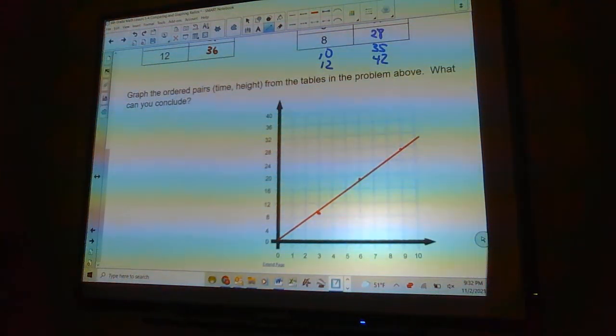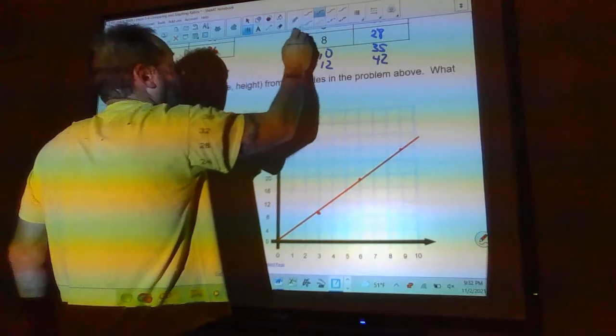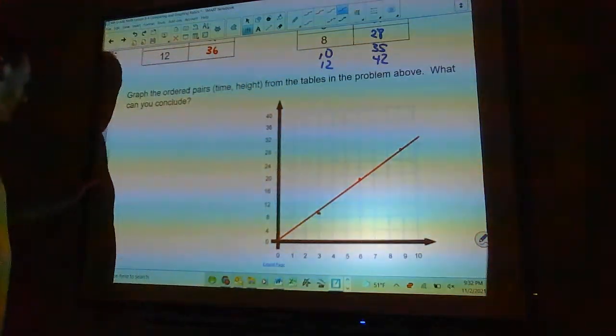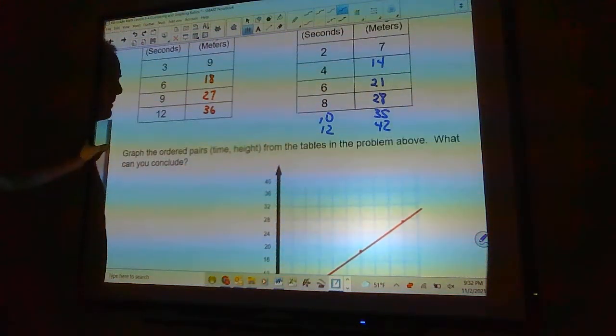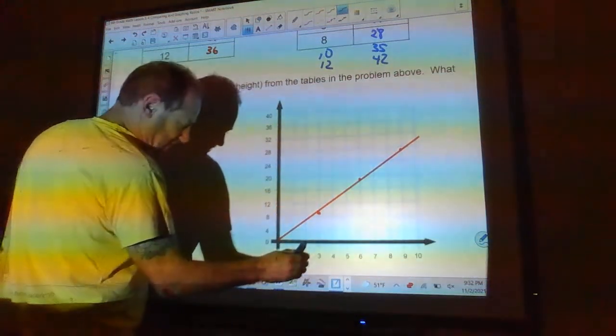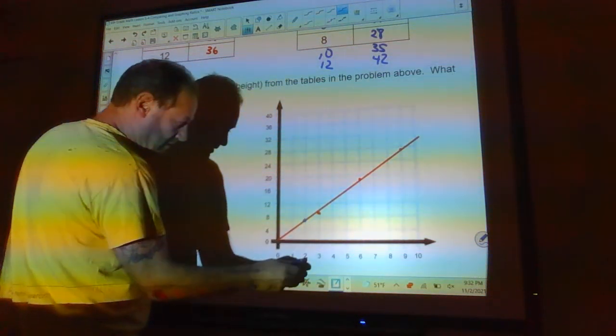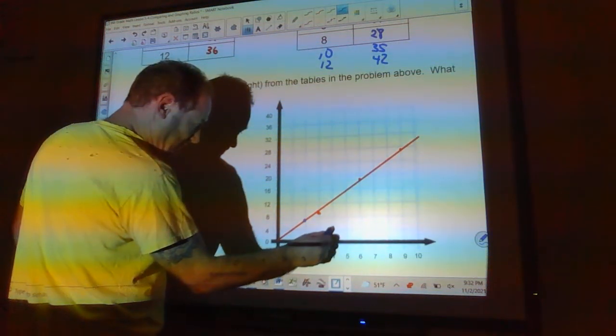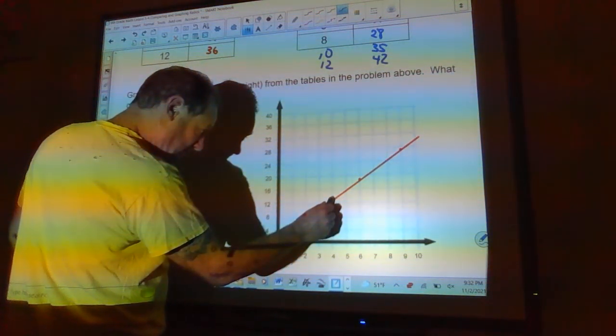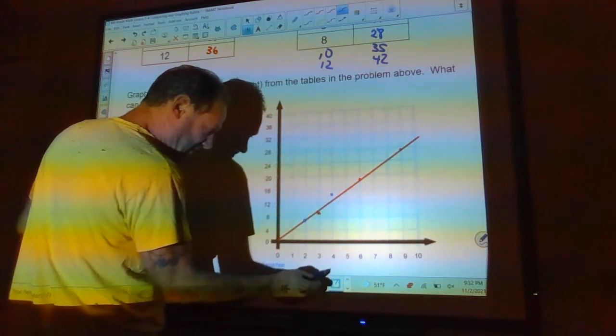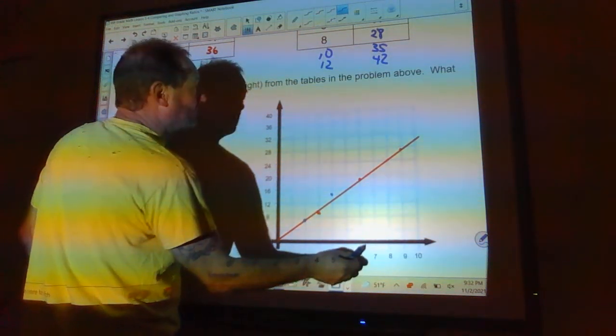Okay, so now we can do the blue one. Every 2 seconds it goes 7 meters, so 2 seconds is 7. 4 seconds is 14. It's going to be right about there. You can already see it's getting bigger. 6 seconds is going to be 21.